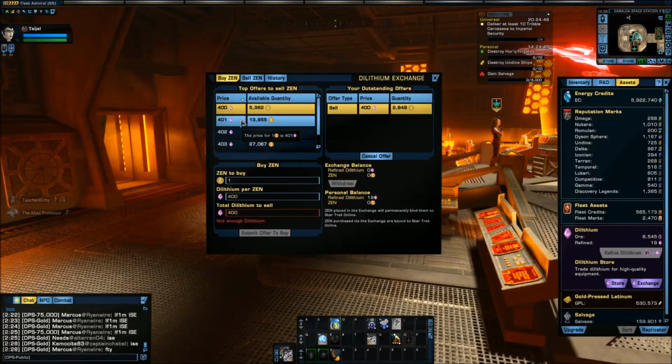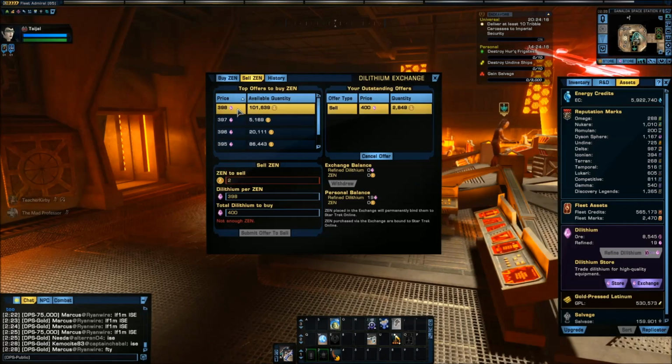You're right, but it has to sell, which means it has to get through everything here at the 400 plus everything here at the 401 just to get to my Zen, and people are still going to be putting up at 400 continually to try to make Zen, which means that it will eventually happen, but it's going to take a long time. So you want to go at the going rate so that you have a better chance of flipping this faster.